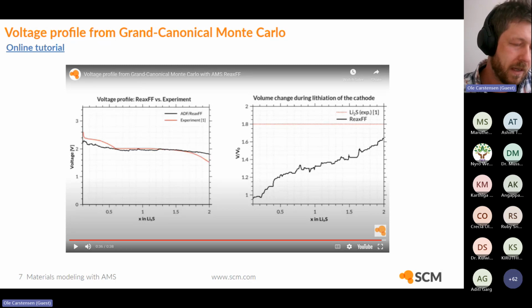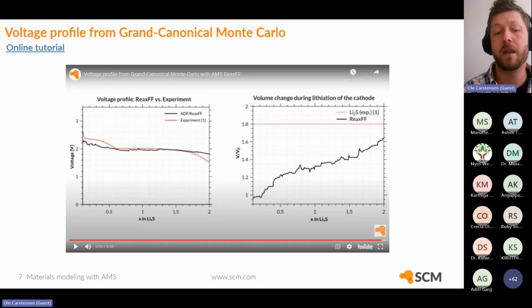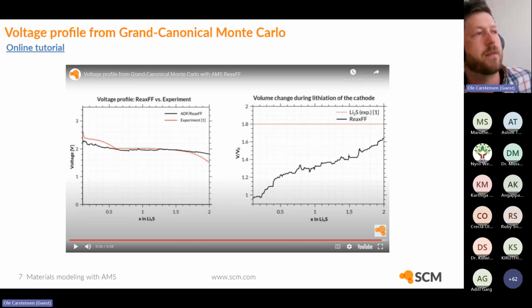And you also catch the volume change that happens during lithiation, which is, like I said, one of the main experimental challenges in these battery materials. And once you have established such a workflow, you can, of course, apply this to other cathode materials as well, given that you have suitable force field parameters available.